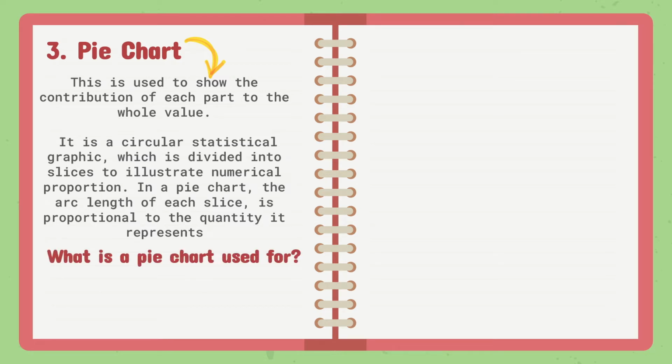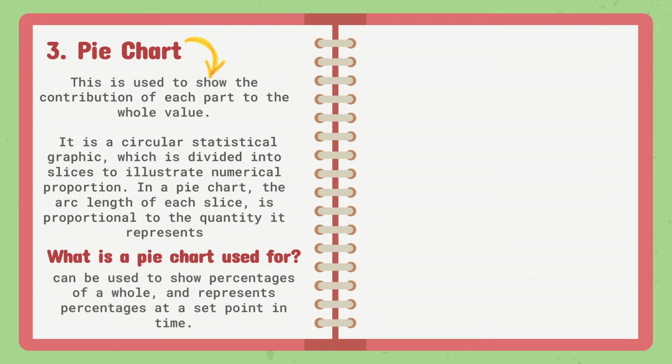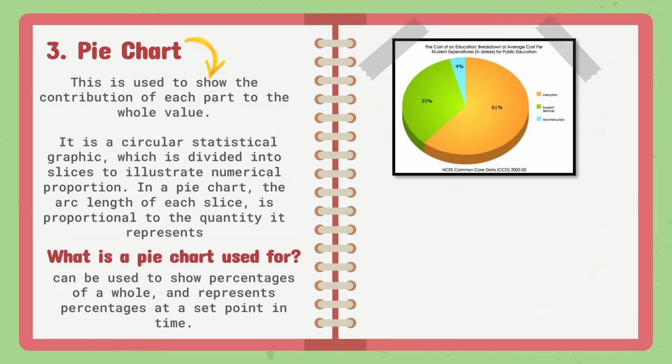What is a pie chart used for? It can be used to show percentages of a whole and represents percentages at a set point in time. Like for example here, again, it shows the contribution of each part to the whole value.